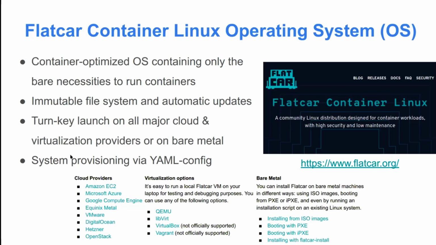It's turnkey in the sense that they have documentation on how to deploy in many different cloud providers. You can see a list of them: Amazon EC2, Azure, Google Compute, Equinix, VMware, which is a virtualization platform, DigitalOcean, OpenStack, Hetzner. So a lot of different providers can run this.